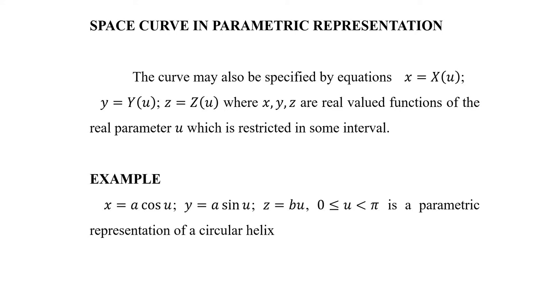For example, if I choose x = a cos u, y = a sin u, and z = bu, with 0 ≤ u < π, this is a parametric representation of a circular helix.